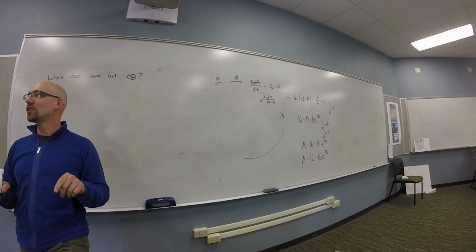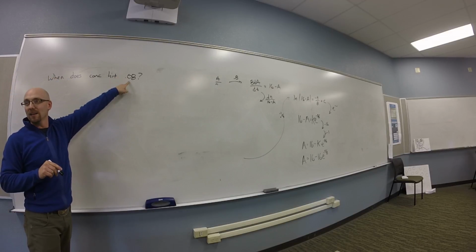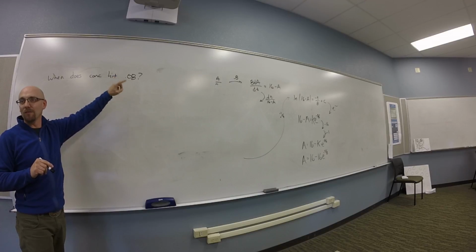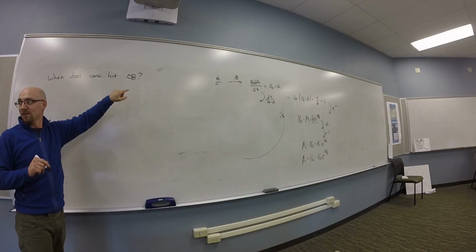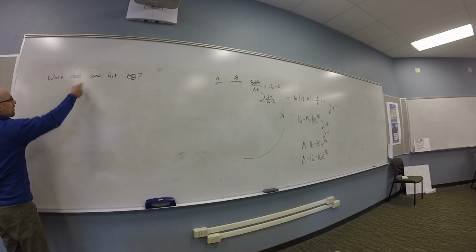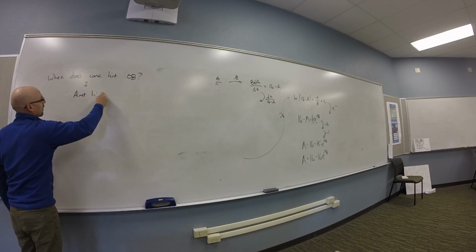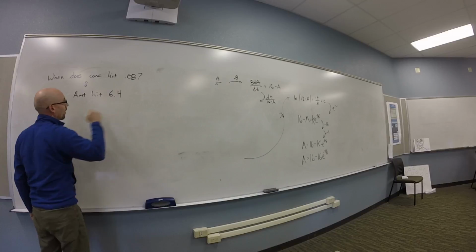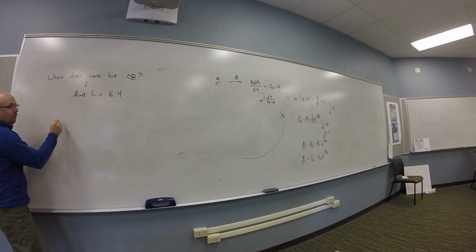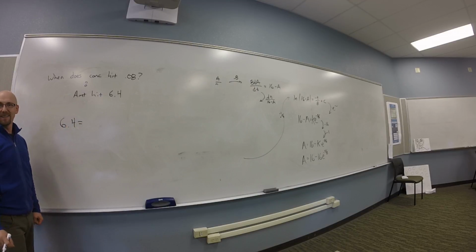So if the concentration is 0.08, then the content is 0.08 times the volume. You guys see that? So this is really when does the amount hit 6.4. And so then you take 6.4 and set it equal to what?